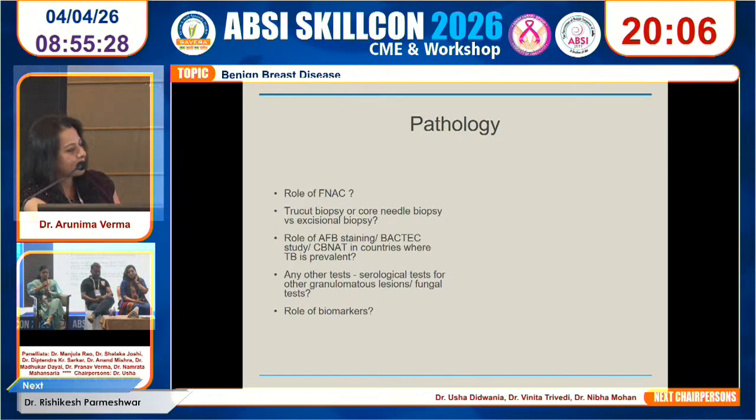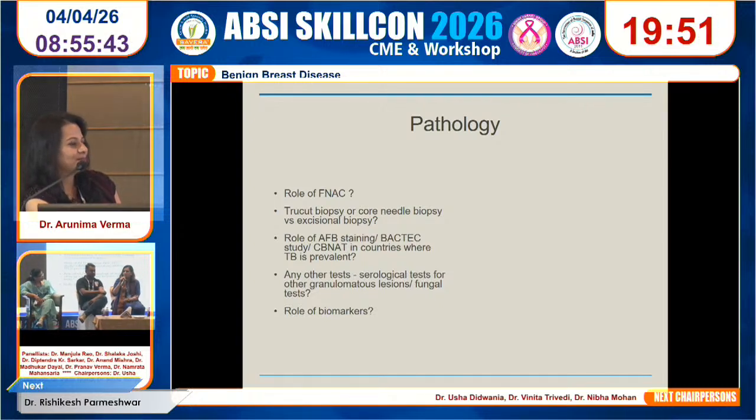So if FNAC smears are inconclusive, then we can think of true cut biopsy. Do we agree as surgeons? Yes. Any lump coming to me first after my radiology would always be a true cut biopsy.